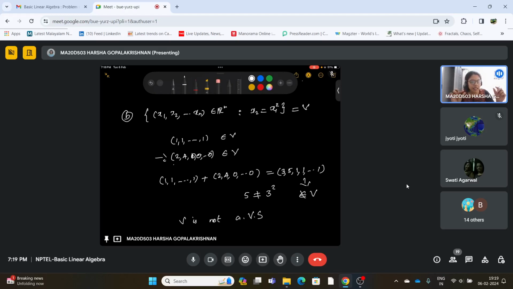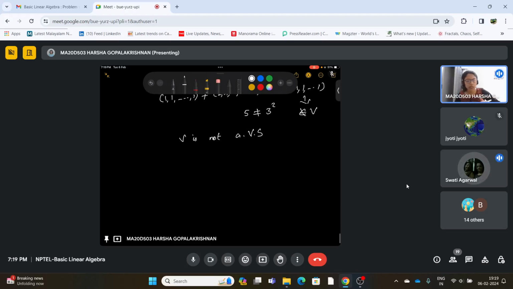Here a quadratic square term is coming, which means it won't be a vector space. So that is also an idea to identify whether it is a vector space or not. To prove this, you should give some counter example like this. If anyone else is having doubt, please ask on this.